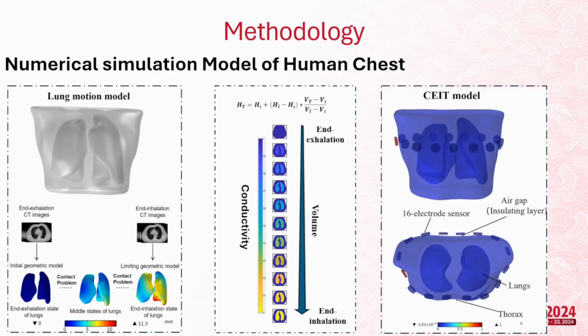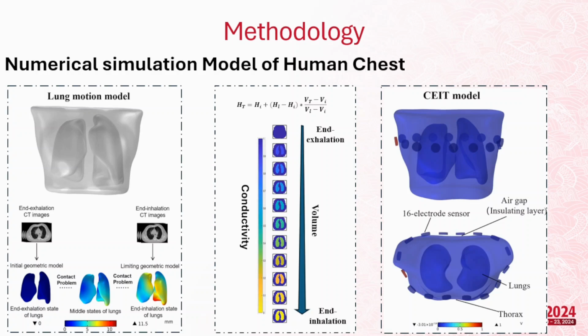Then in between, the lung will dynamically move through a contact problem, which is from previous work from Germany, I think. And we introduce this method, so the lung will start to move from the end of exhalation to the end of inhalation. During this process, we implement the electrical field into this model.